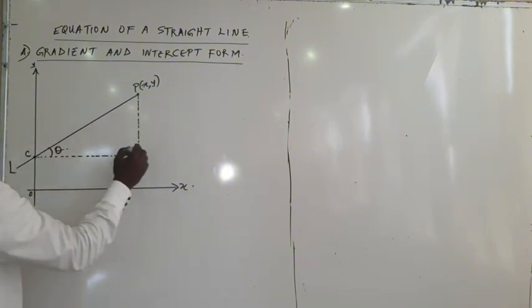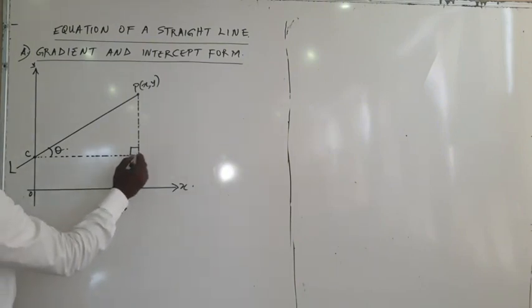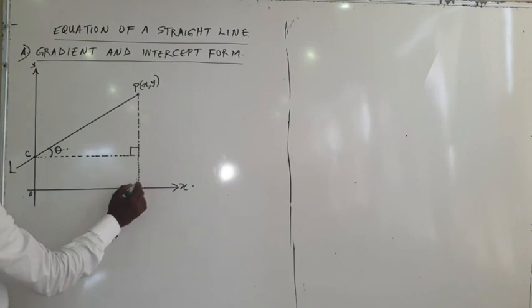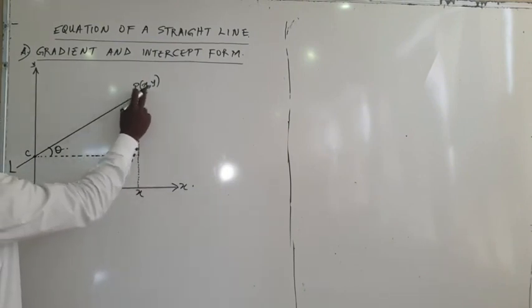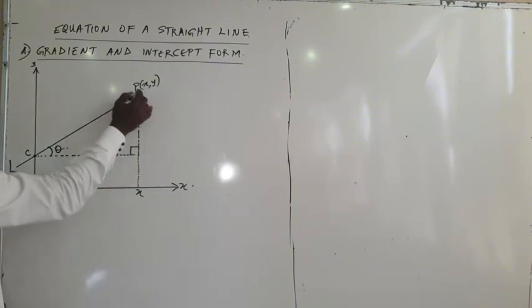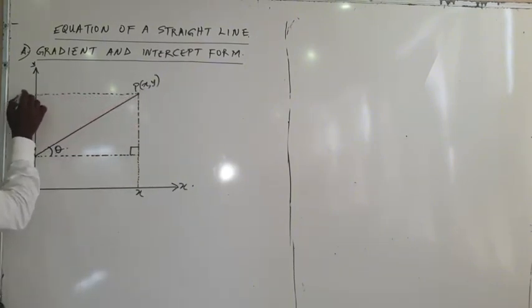So we now form a right angle triangle. The next thing to do is to locate point X and point Y. From point P taken to the x-axis, this is our X. So that is for point P, of coordinate x, y. Then from point P again to the y-axis, we have y.